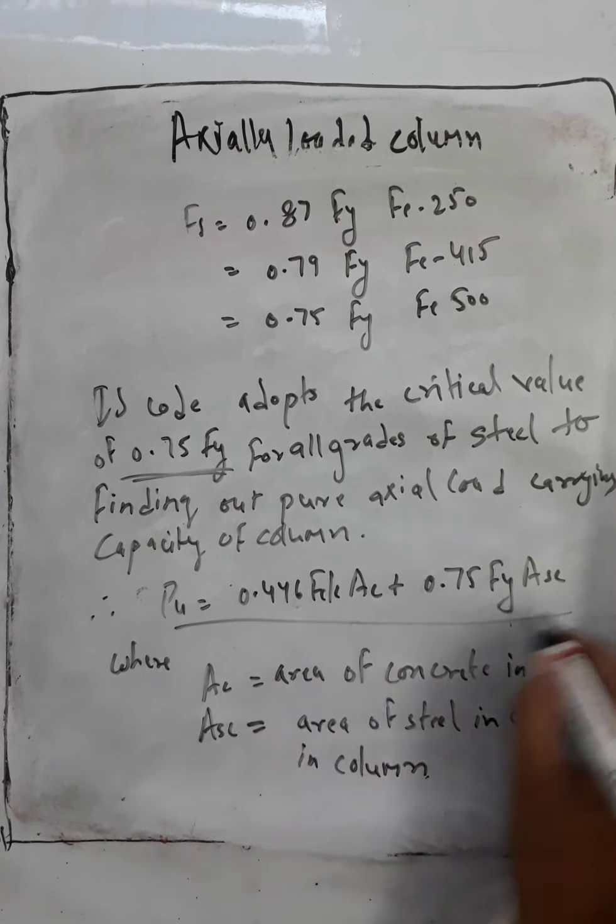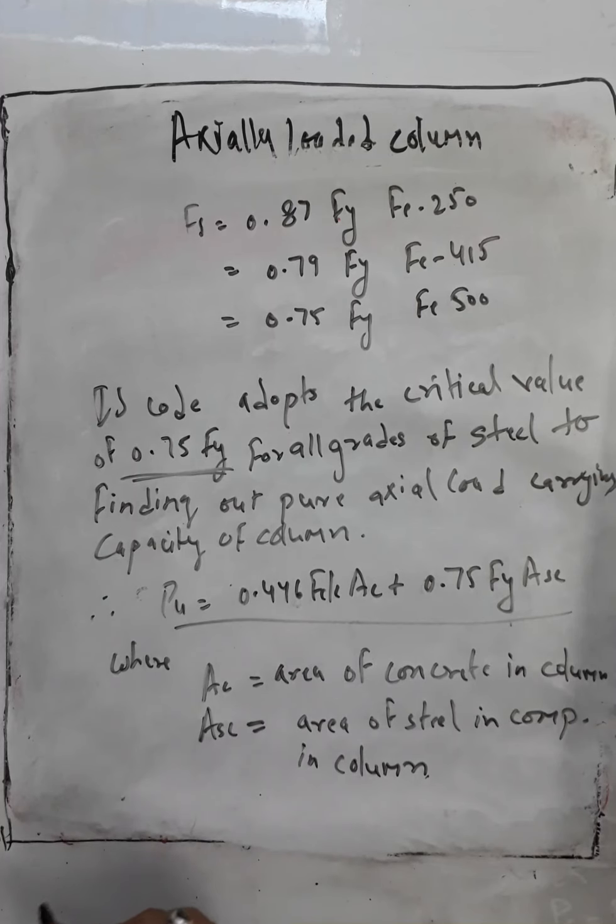So this is the formula: Pu is equal to 0.446 fck Ac plus 0.75 fy Asc for finding the load carrying capacity of the column.